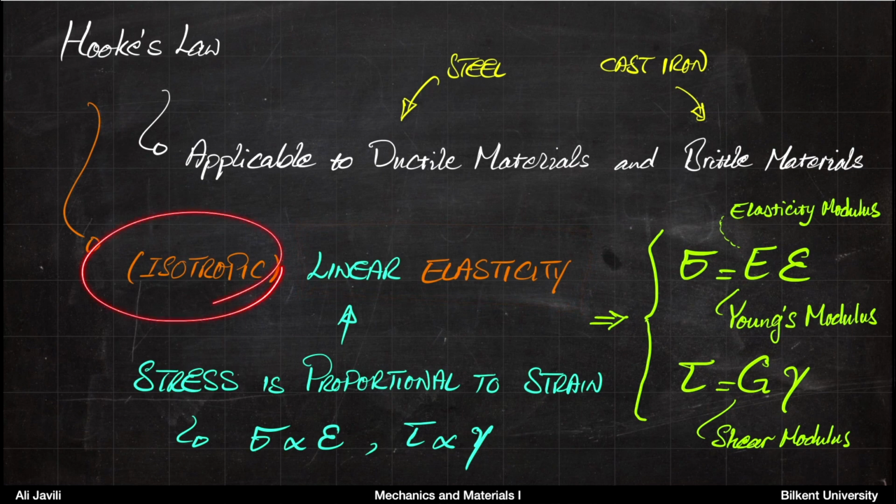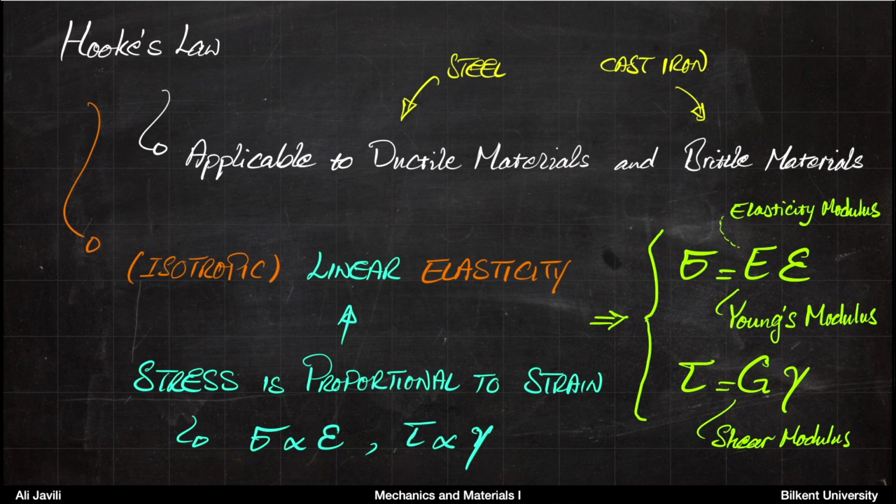And then again, remember, we also always talk about isotropic material behavior. And as I mentioned previously, the word linear simply indicates that stress is proportional to strain, which can be written like that. And this concept is identical for normal stress and normal strain, as well as shear stress and shear strain.